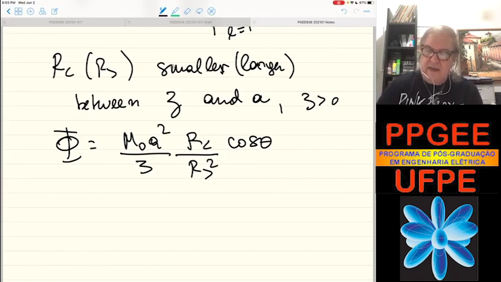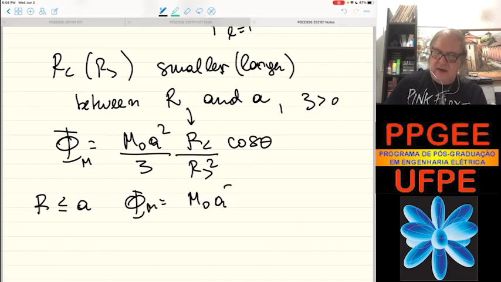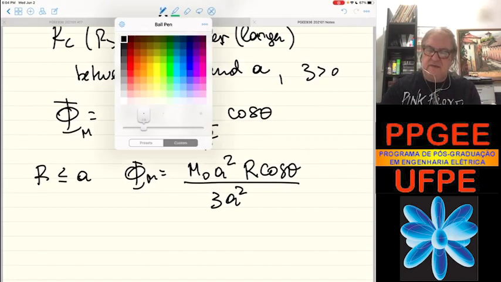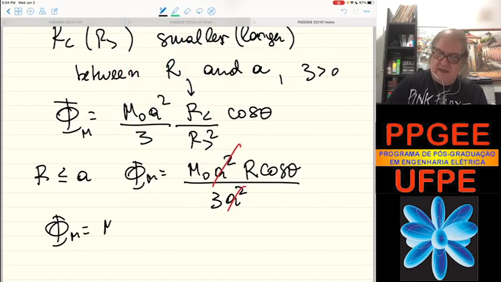Now it's going to be between r and a. So for r smaller than a, the magnetic potential equals m0 a squared r cosine theta over 3a squared, right? So we cancel those. So you're going to have phi m equals m0 over 3 times z.